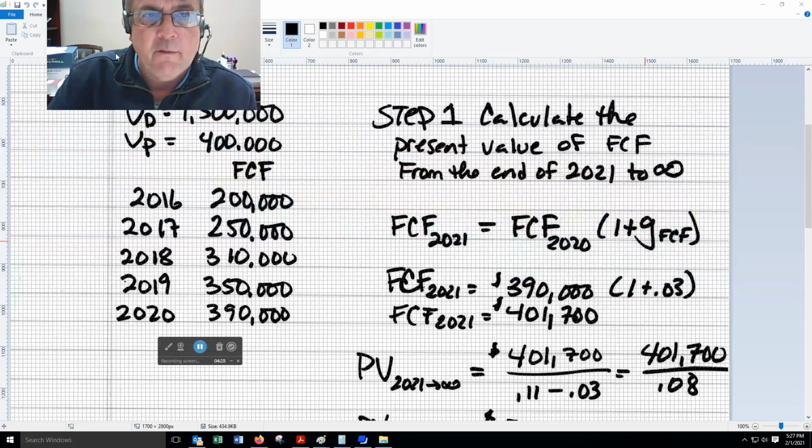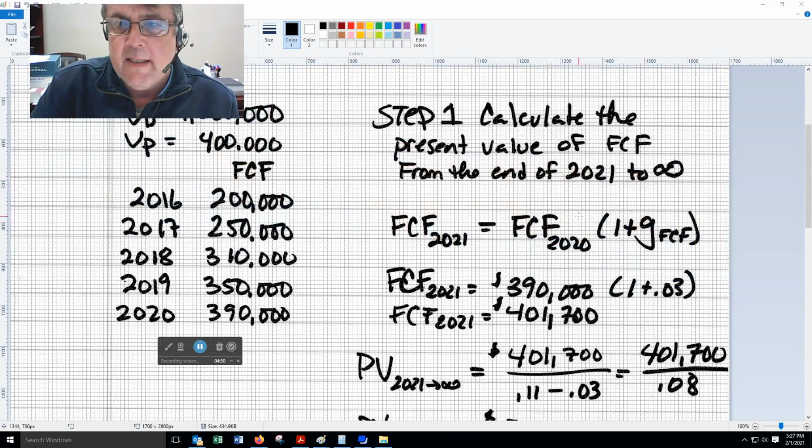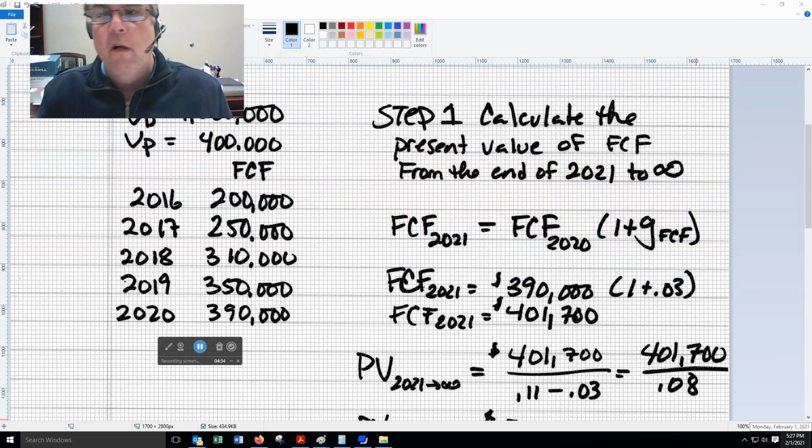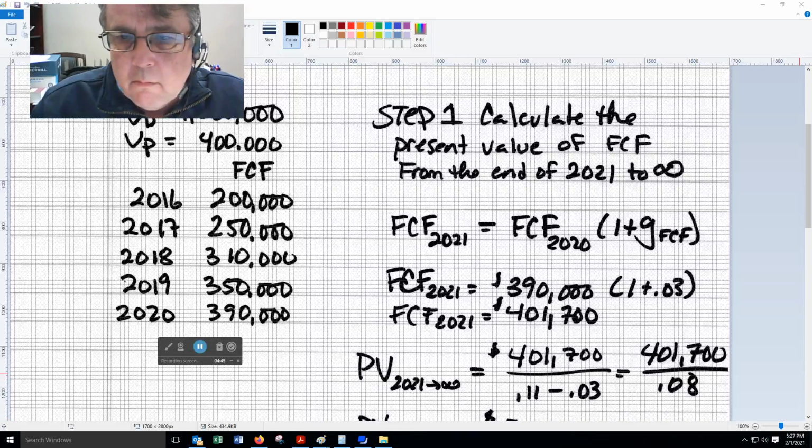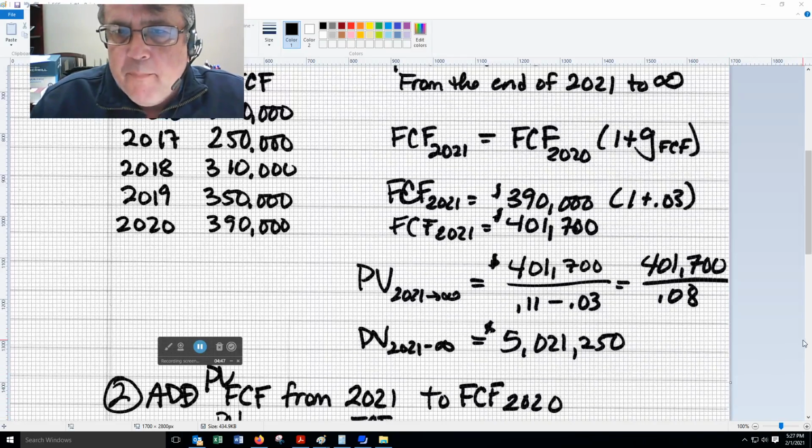Step 1, first thing we're going to do here, is calculate the present value of free cash flows from the end of 2021 into infinity, all the way to infinity, so forever. Now, first thing we have to do is get the free cash flow for 2021.